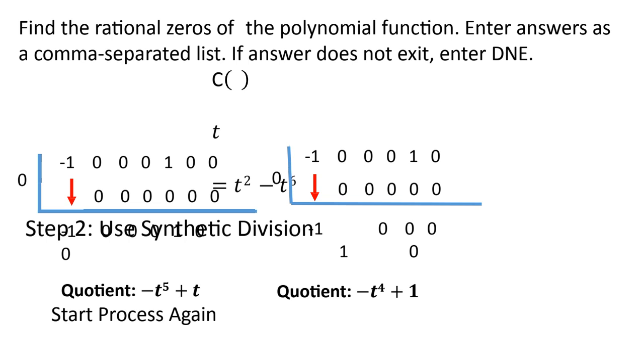Remember these zeros that we have here? These are there because there are missing powers in our original one. So the original was t to the 6th power plus t squared.